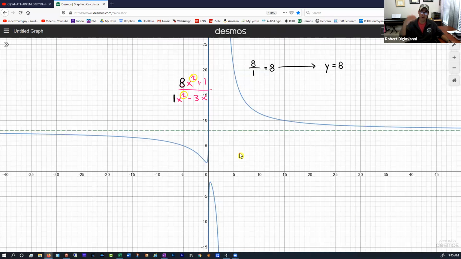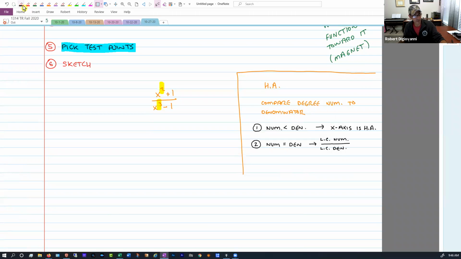If they're equal, you have to create this fraction out of the numbers. Now, the last case is if the degree of the numerator is bigger than the degree of the denominator. And in this case, oh yeah, by the way, right here I'm going to put y equals that, so you know that that's a horizontal line when you draw it. But if the numerator's degree is bigger than the denominator, then you're going to have no horizontal asymptote.